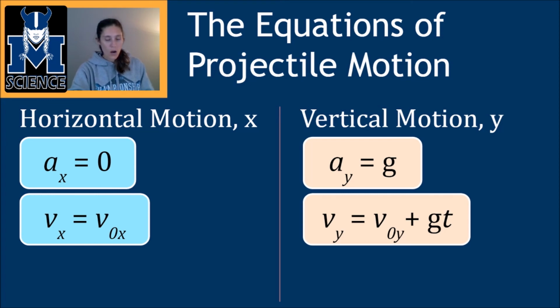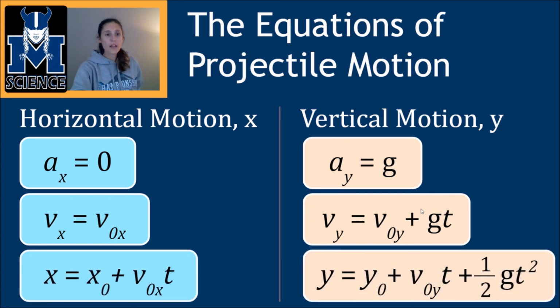Okay, for our y direction, that vertical component of the velocity, you can get by using our equation Vy equals V naught, the initial y component of the velocity, plus g times t. Okay, remember sometimes, depending on your reference frame, you might have to turn this into a negative g. Okay, and finally, the position versus time equation for a projectile, looking at its horizontal and vertical components.